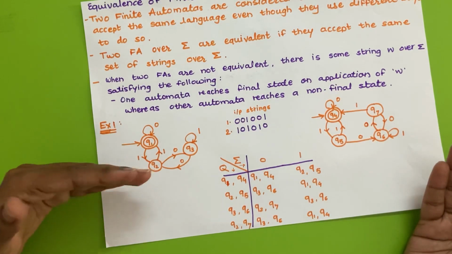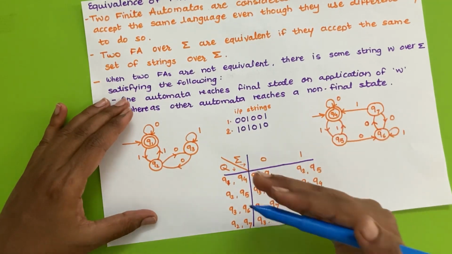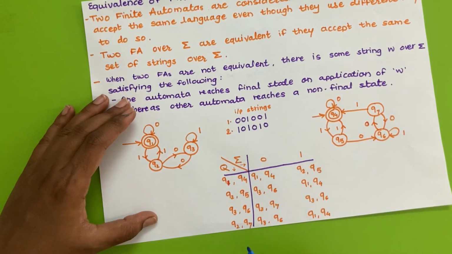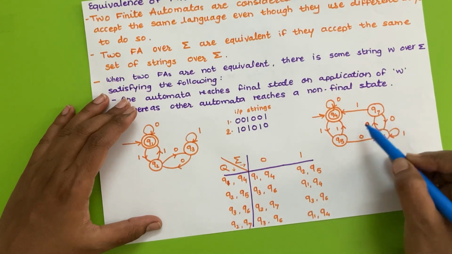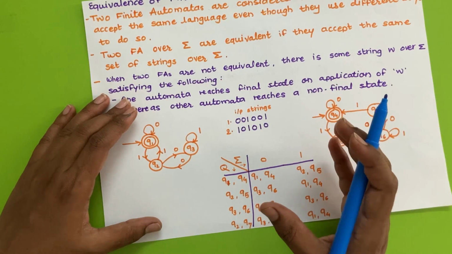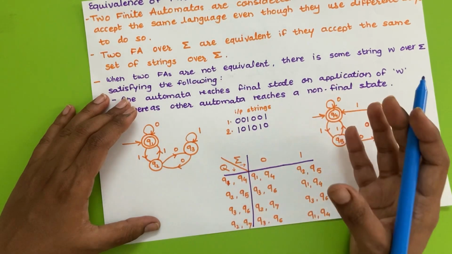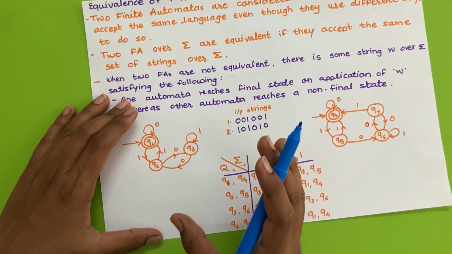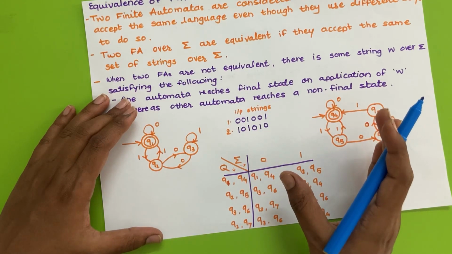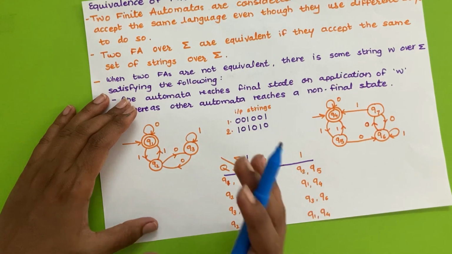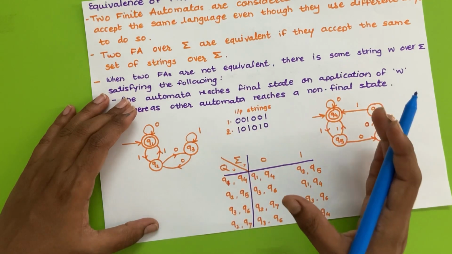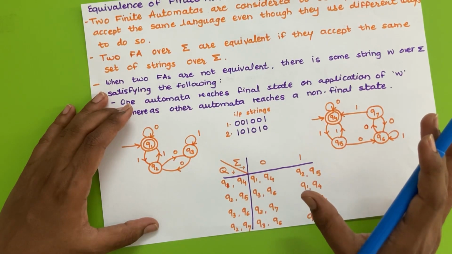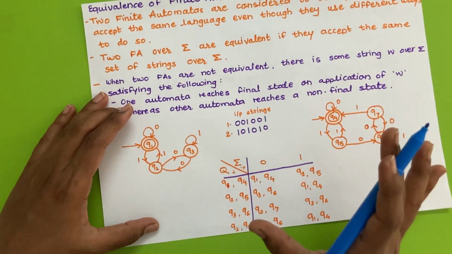In minimization of finite automata, we have to observe the equivalent states. One more point related to this: we can say that one state is equivalent to another only if both are final, or both are non-final.